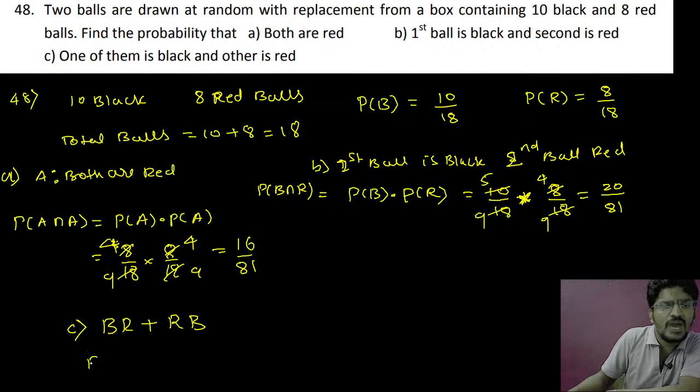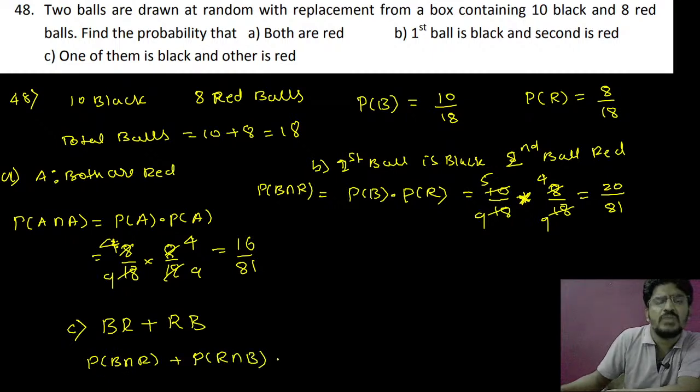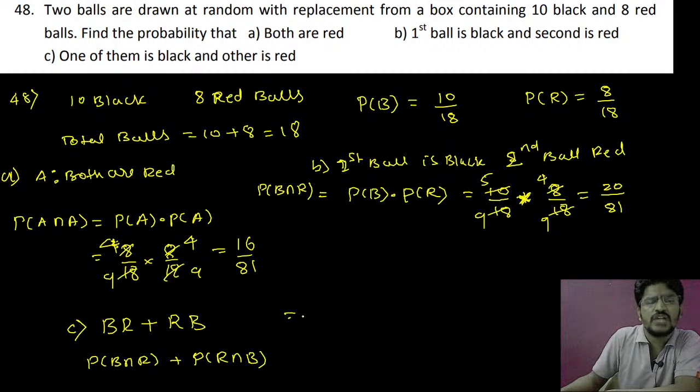That means probability of B intersection R plus probability of R intersection B. So that is going to be equal to probability of B into probability of R plus probability of R into probability of B. So both are same.